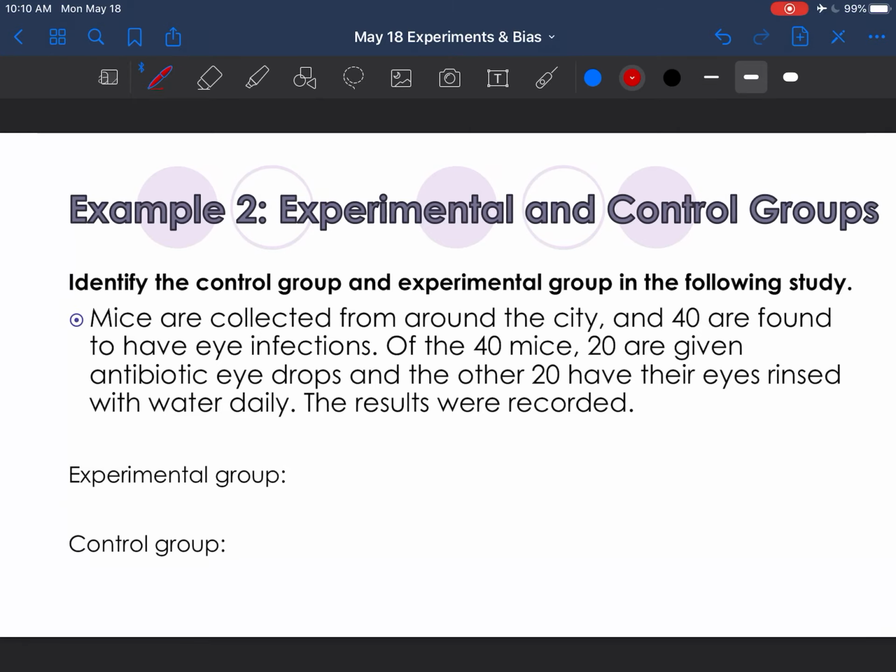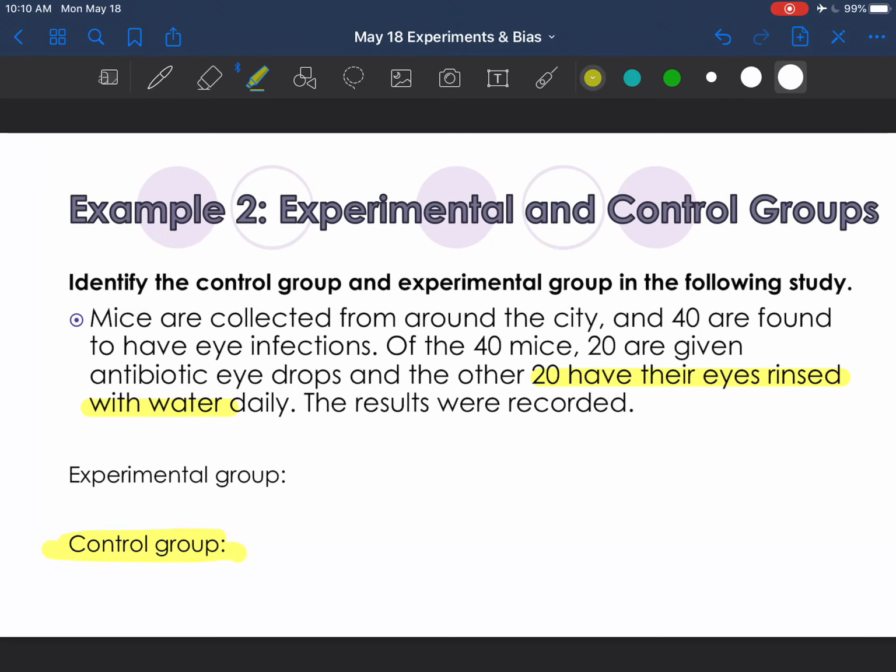The control group is usually pretty easy to identify. It's the one that's kind of left alone. In this case, it would be the ones that just have their eyes rinsed daily. I'll just highlight it in different colors. So the control group, I'm going to highlight in yellow, and that's going to be the 20 that have their eyes rinsed with water.